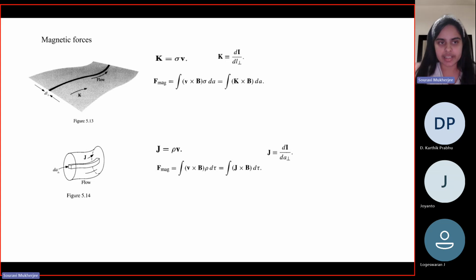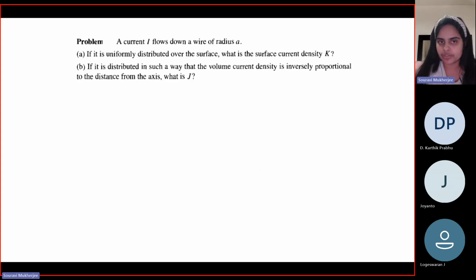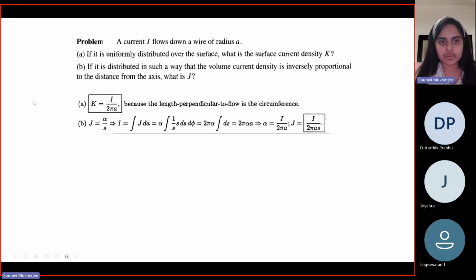If you go back, it's something like this, right? So you have to find this dl perpendicular, a line element perpendicular to your direction of flow of charge. If you have a wire, the current is flowing through the wire along the axis. So you have to take the circumference of your wire, which is the line element enclosing a surface perpendicular to your direction of flow. So that's why here K is equal to I by 2 pi A. 2 pi A is your length perpendicular to flow, which is actually the circumference, right?